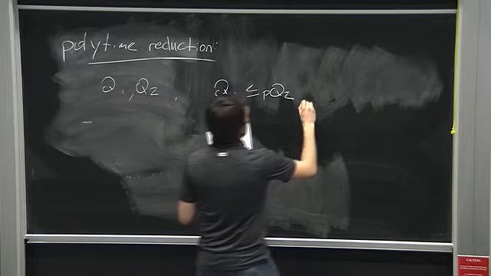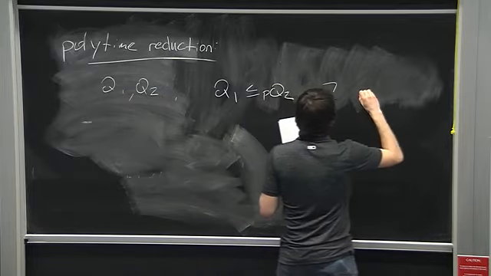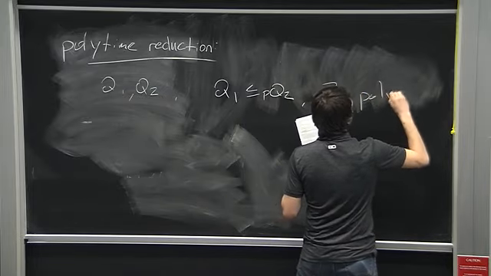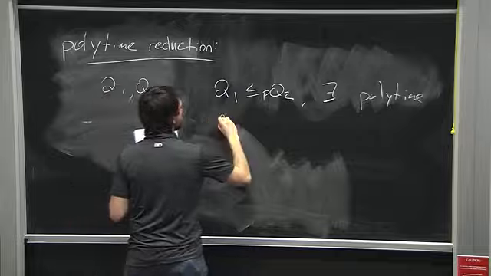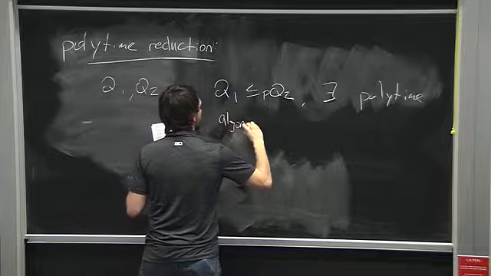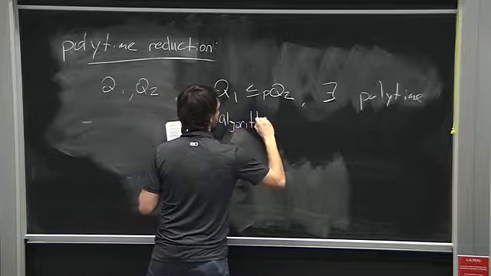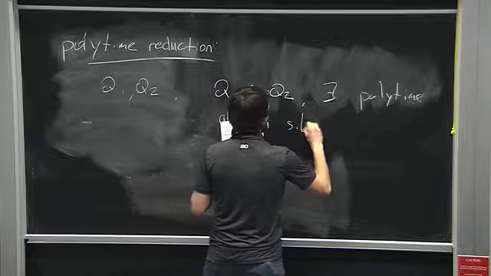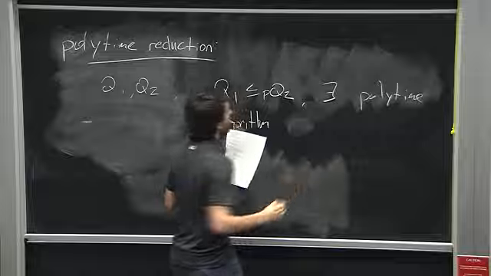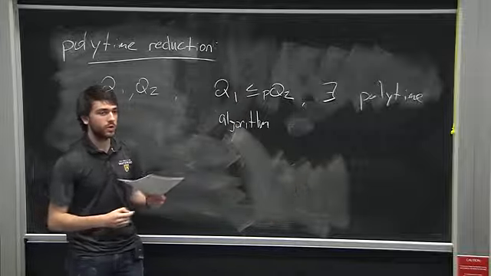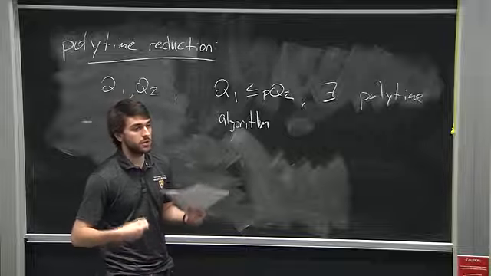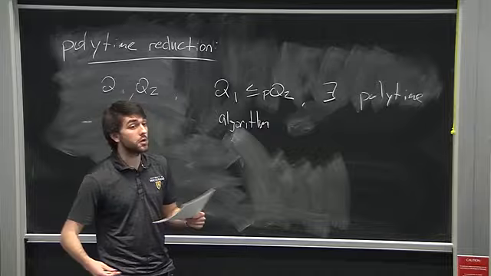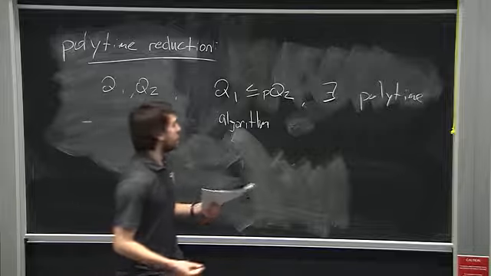If there exists some efficient polytime algorithm which uses an oracle for Q2 as a subroutine. So you have some oracle which tells you, yes, Q2 is true, or no, Q2 is false, and it tells you that quickly.